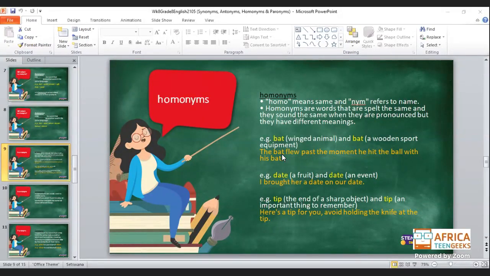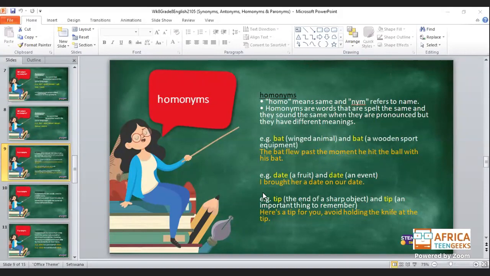I said the bat flew past the moment he hit the ball with the bat. So in my sentence, you realize that the first bat is about the animal and the second bat is about the sport equipment they use in cricket. Okay. Then I also said date, which is a food, and another date, which is an event.